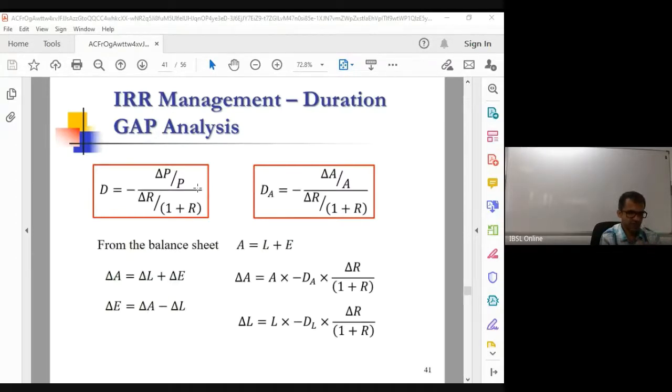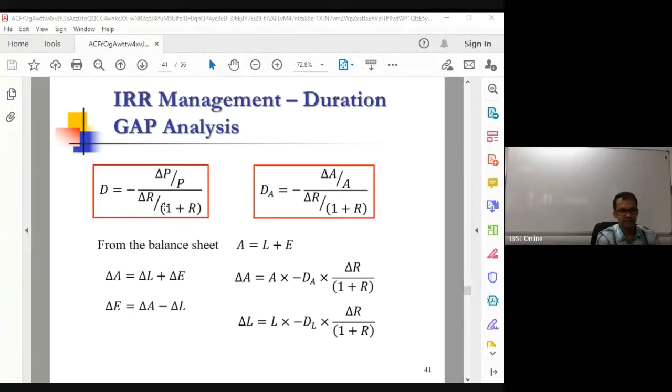Modified duration is the percentage change of the value of a fixed income security or a portfolio for a change in interest rate by 1%. So this is the definition: percentage change in the price for a given change in interest rate.